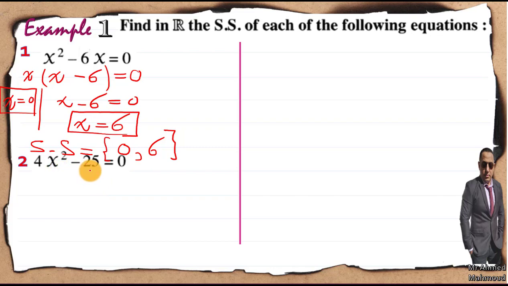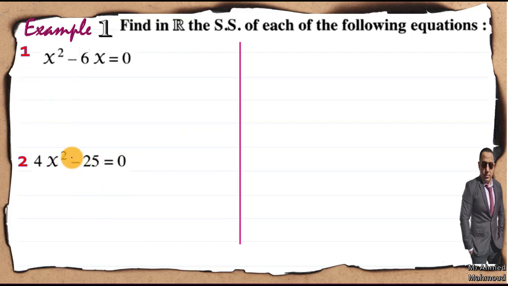Remember with me what we did in the first term. I'm going to send the minus 25 to the right side, so it will be 4x² equals positive 25. Why? Because I have here x² only.